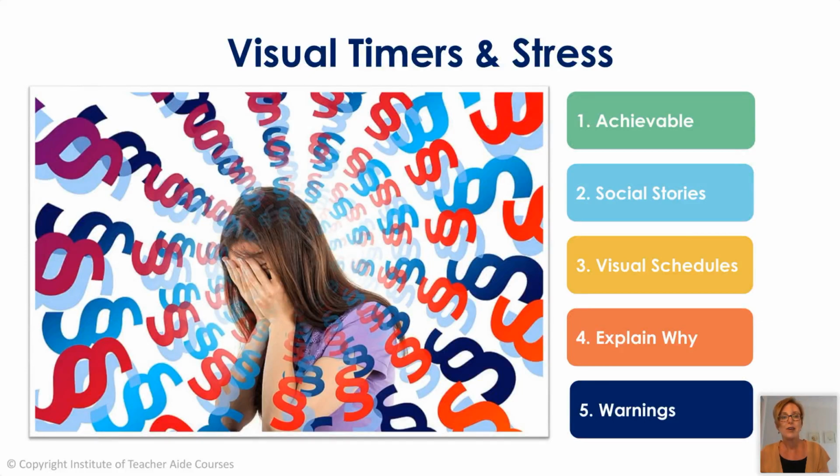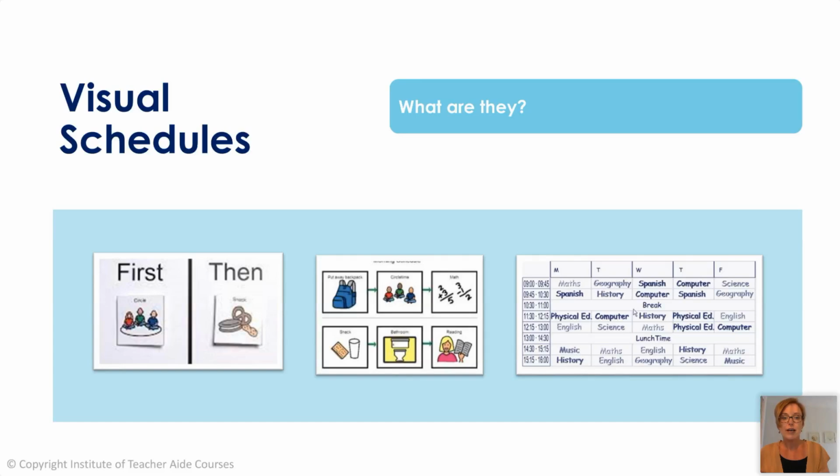Okay. All right. So let's move on now to visual schedules. What is a visual schedule? Now, most of us have a diary. Some of us have a written diary, some of us have it in our smartphones, or we have a calendar on the back of the pantry door.